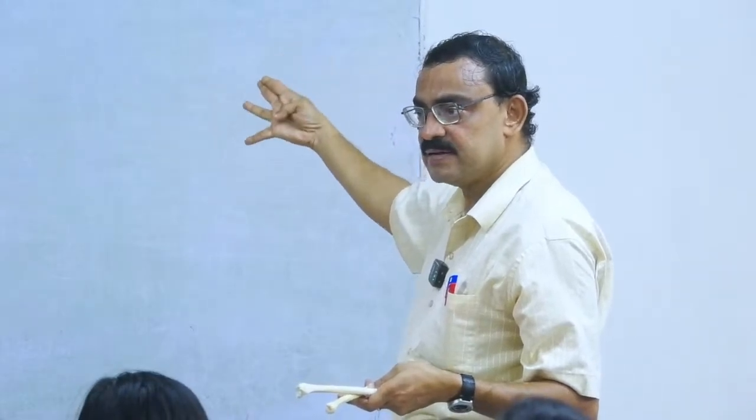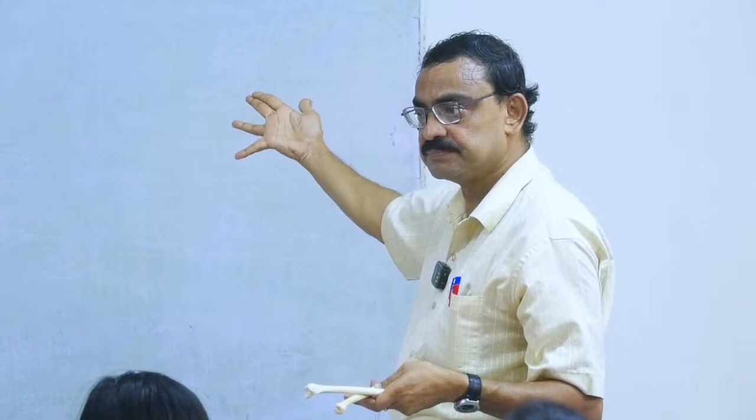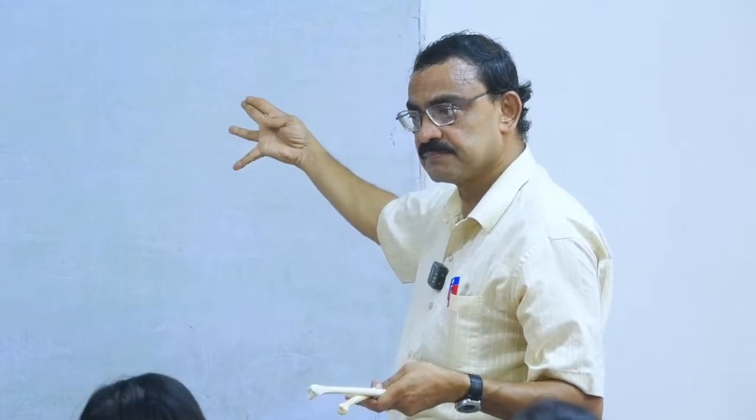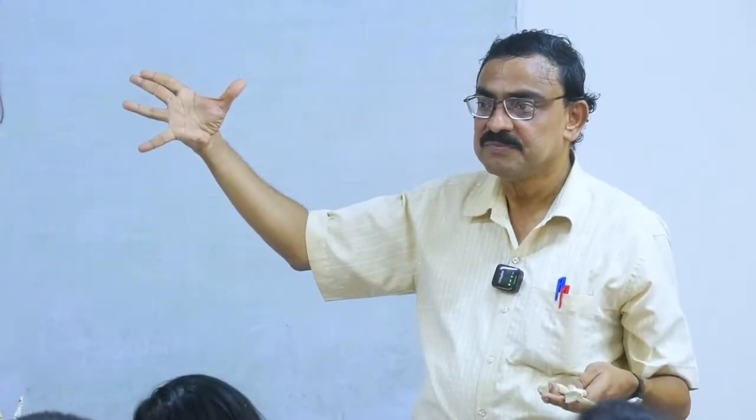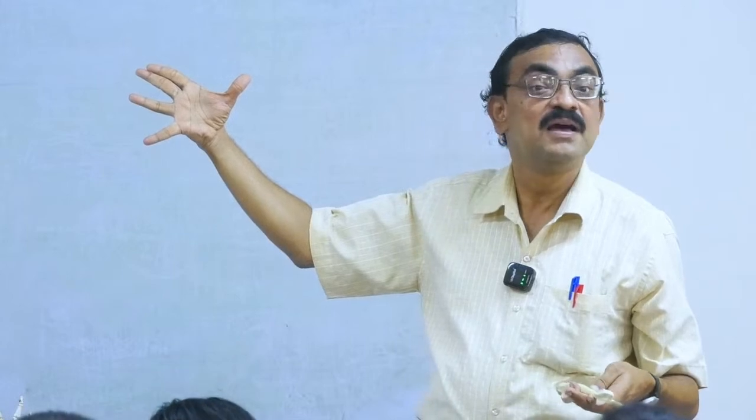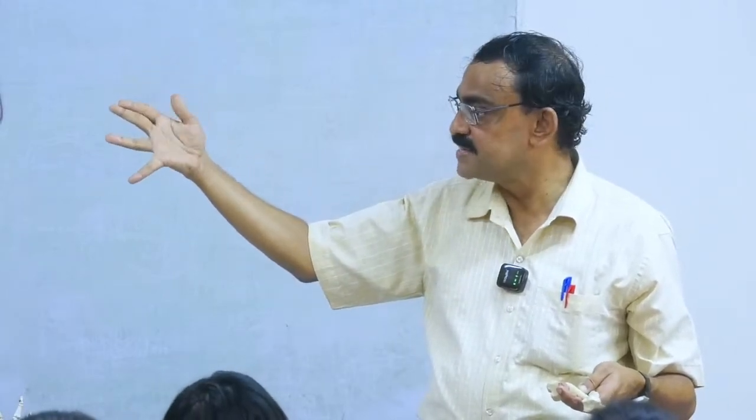Parallel to the plane is the flexion and extension. So there are muscles which will cause abduction, called abductor pollicis, and the muscle which will cause the extension is called extensor pollicis.